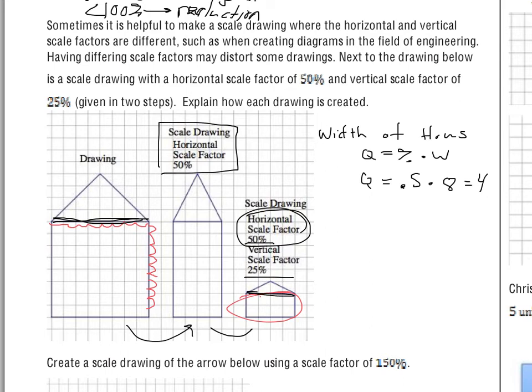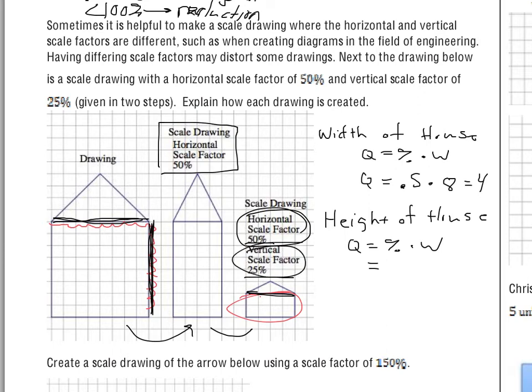So looking at the height of the house, we're just going to talk about the height of the base of the house. It has a different scale factor. So when I plug in my percentage here, it's going to be different. What am I plugging in for the percentage in this particular problem? Well, the vertical scale factor, which is measuring up and down, is 0.25 times the original, which gives us 2.